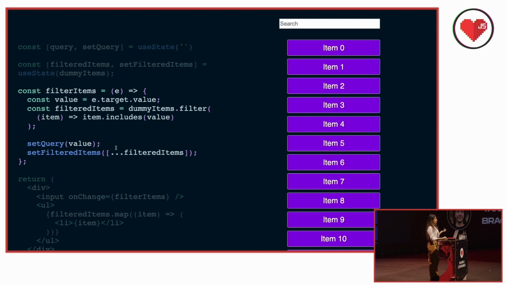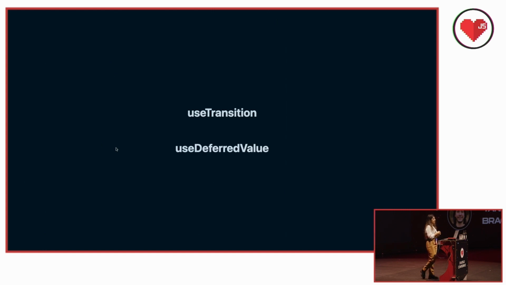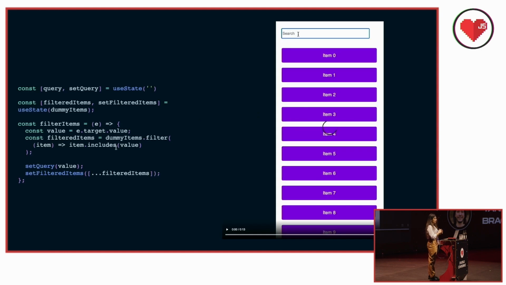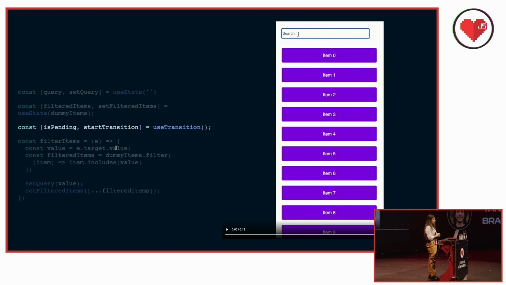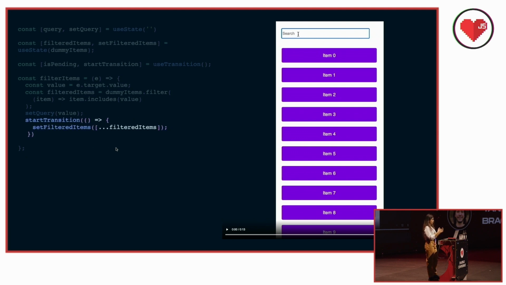So what's the solution? We want to defer it. In React, we can defer using these two hooks, useTransition and useDeferredValue. We can import useTransition, and useTransition returns two things: an isPending flag and startTransition. Now you simply wrap this heavy update, which is setFilteredItems, inside startTransition.